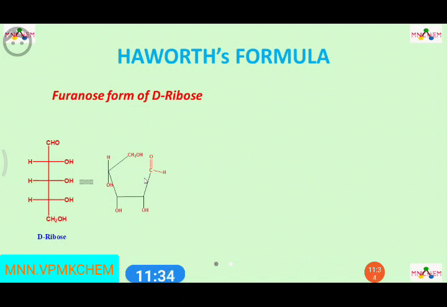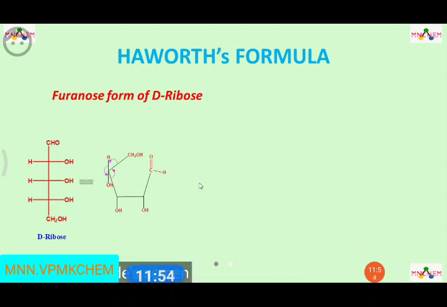Now, to have the proper orientation of hydroxy at C4 carbon with respect to the aldehyde group CHO, we need to reorient the substituents at C4 carbon.